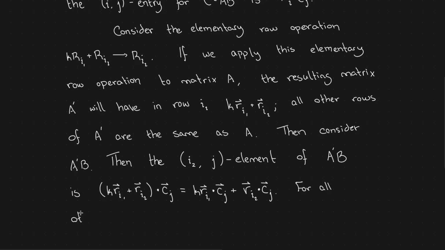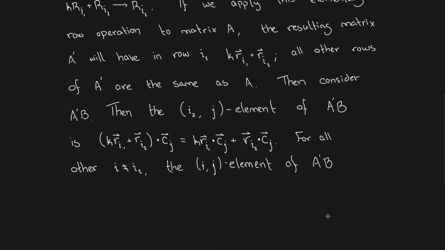Okay? All the other rows, so for all other i's not equal to that I sub 2 row, the product stays the same because I didn't change the row, right? All the other rows of A prime are the same as A. So for all the other indexes i that are not that I sub 2 row, the ijth element of A prime B stays the same.